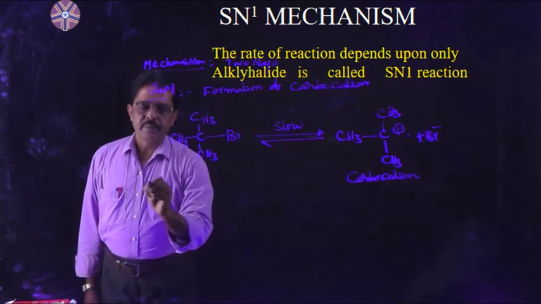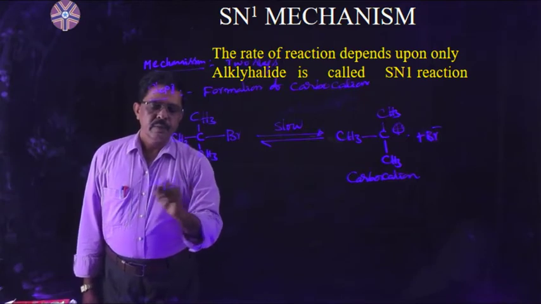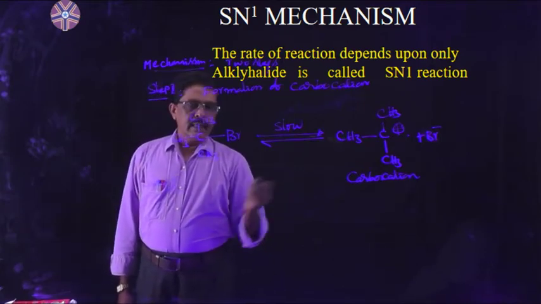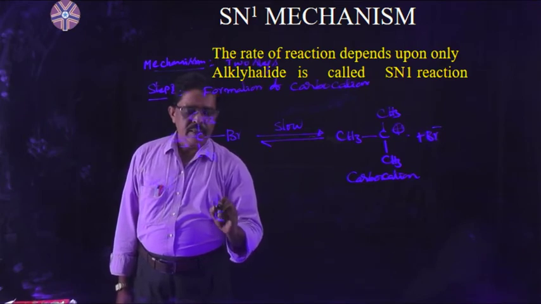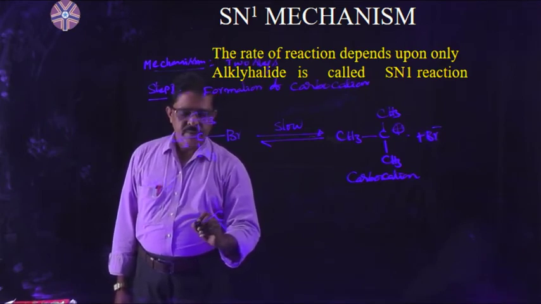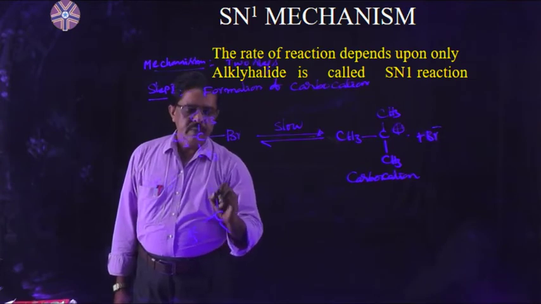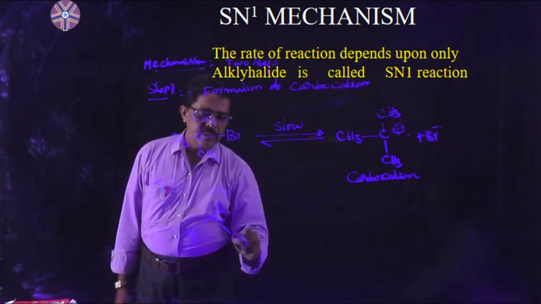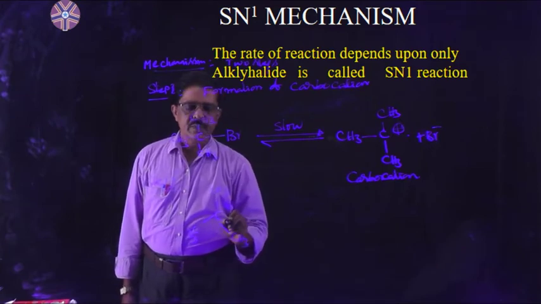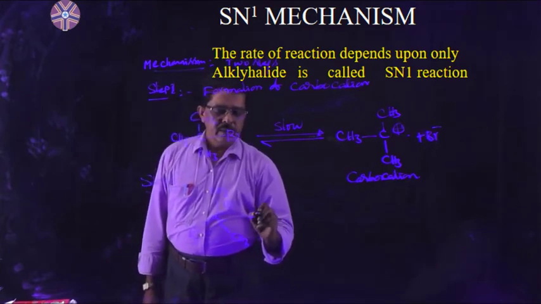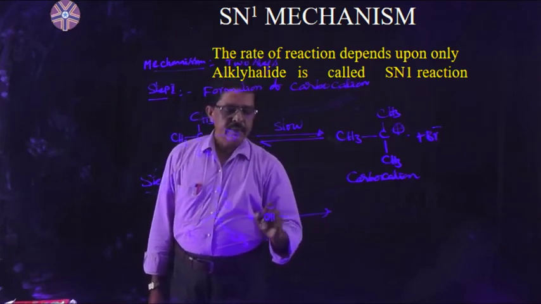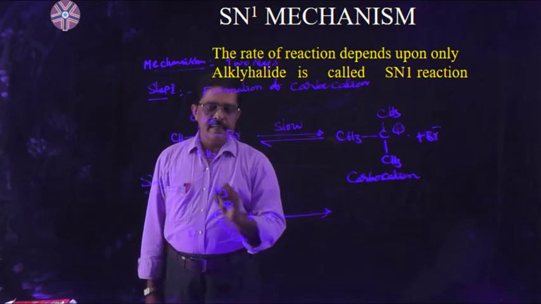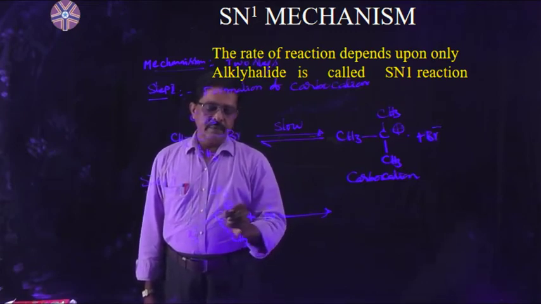Next, step 2. The carbocation is attacked by the nucleophile. Then we will get products. So this carbocation I can write like this: (CH3)3C+. This carbocation is sp2 hybridized with a planar structure. The nucleophile can attack on either side of the carbon.